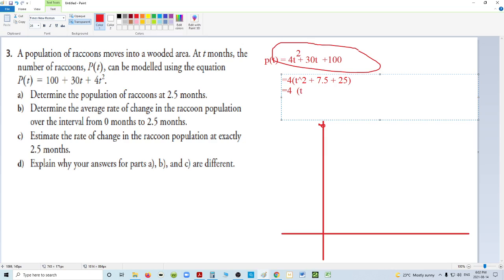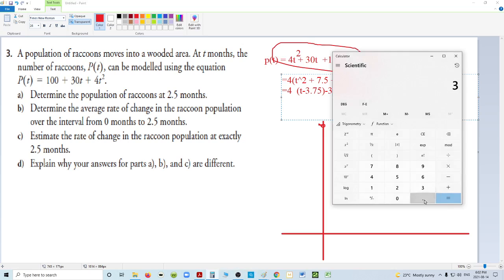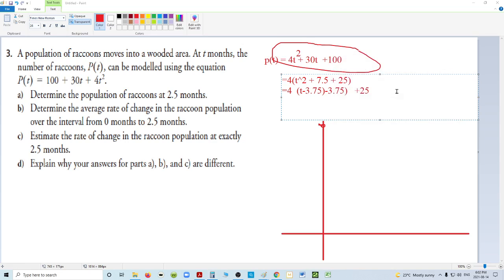T minus 3.75, and that means I'm going to be creating a 14.0625 I don't want, all in brackets, plus 25.